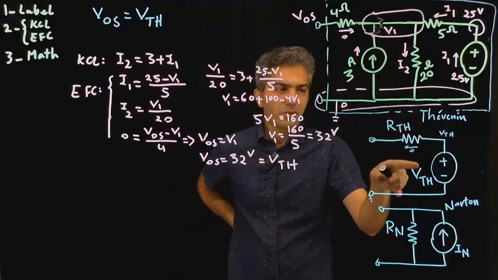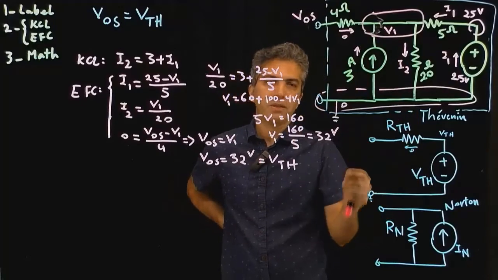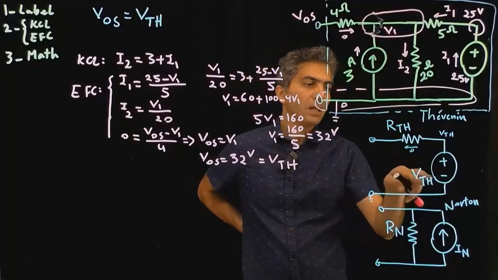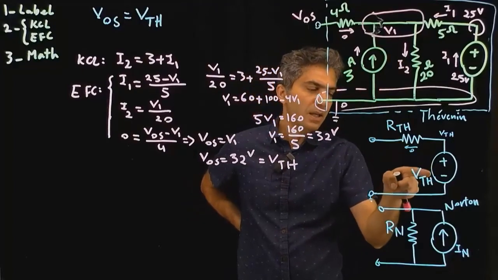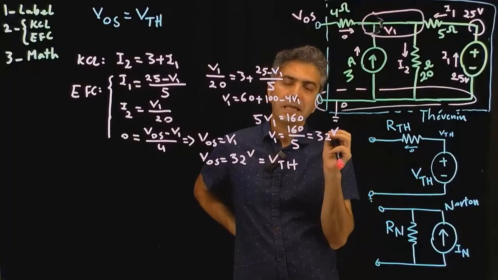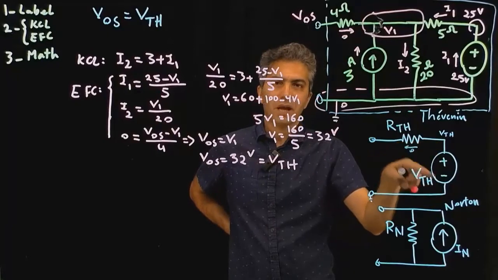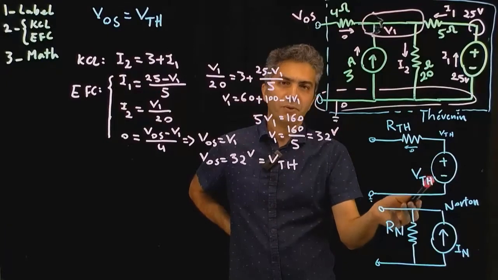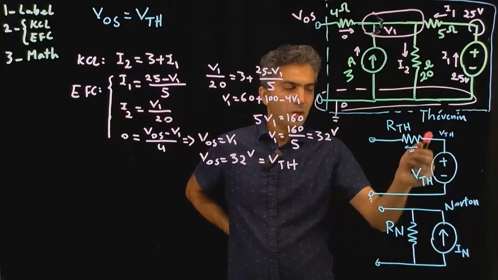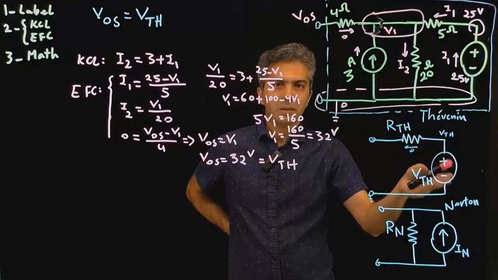Let's go back to this model and see what the process to calculate our Thevenin resistance for this circuit should be. So in this circuit, if I turn off all the independent sources, which in this case would be just the Thevenin voltage source, then by turning a voltage source off, we make the voltage 0, which means the voltage across these two nodes should be 0.